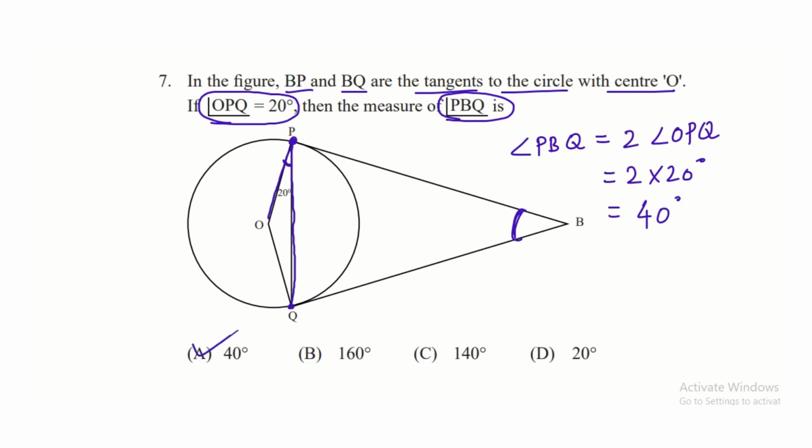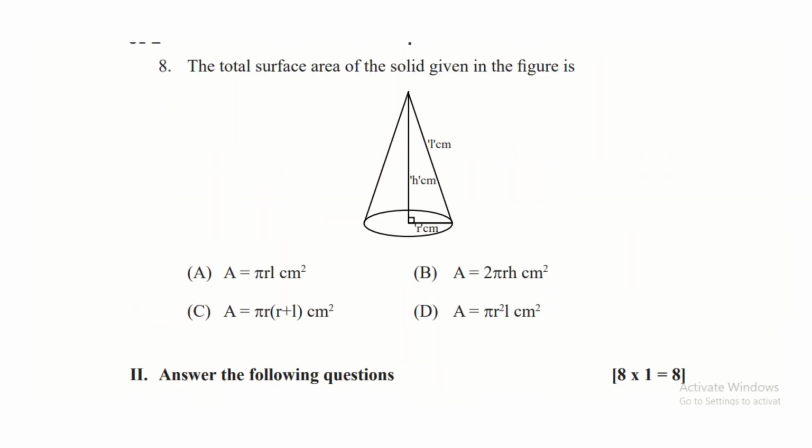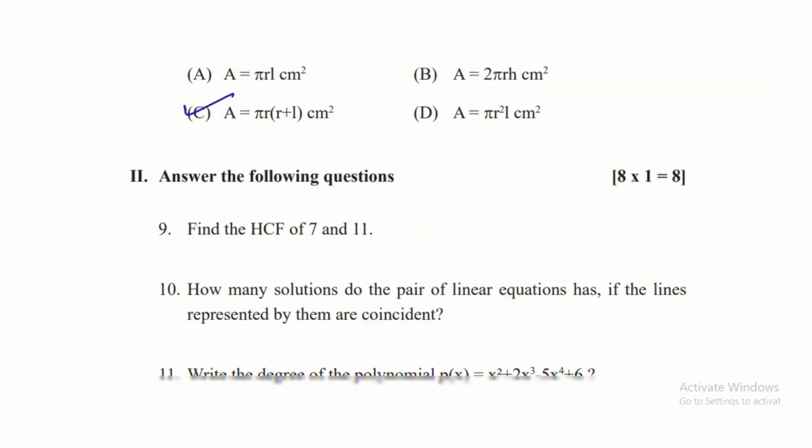So option A is the correct answer. Question number 8. The total surface area of the solid given in the figure is, so it is a cone. So we know the total surface area of the cone is pi r into r plus L centimeter square. So option C is the correct answer.